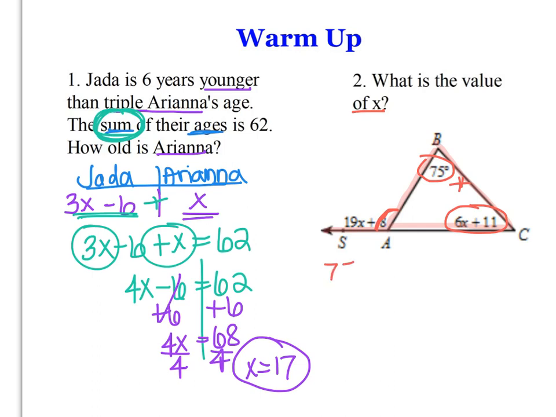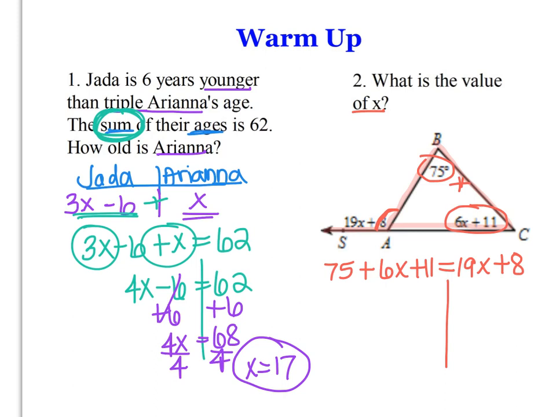We reviewed this the other day. So 75 plus 6x plus 11 all equals my exterior angle of 19x plus 8. Again, an exterior angle of a triangle is equal to the sum of the two non-adjacent angles.